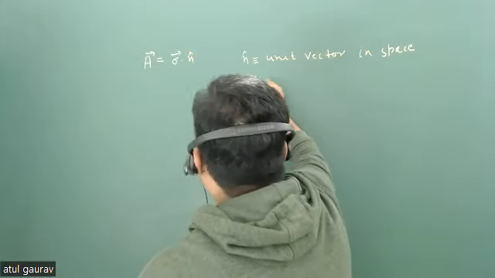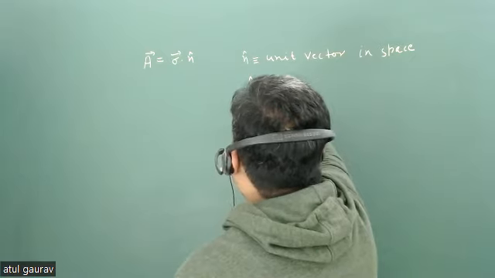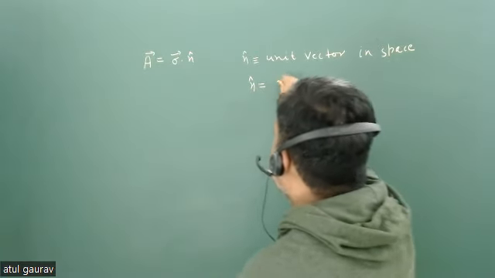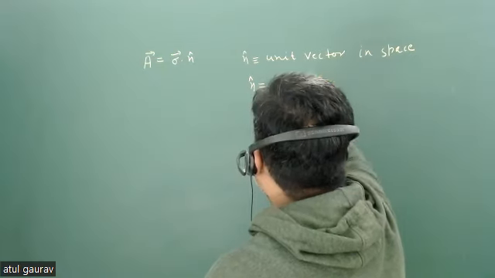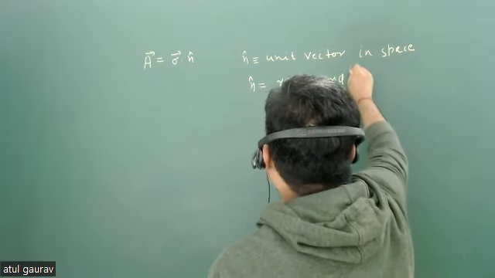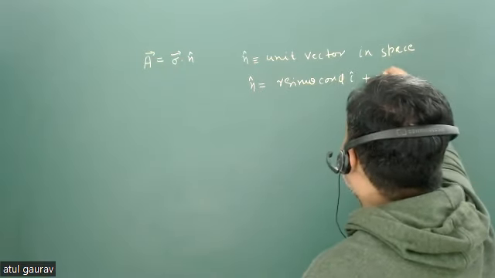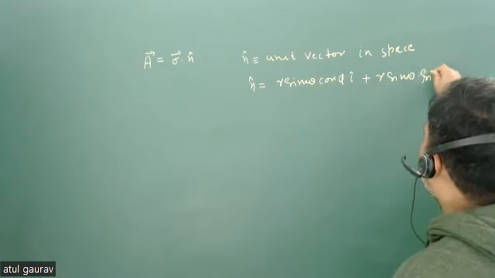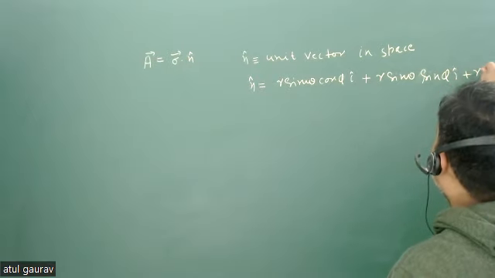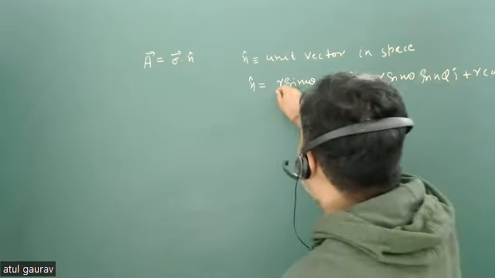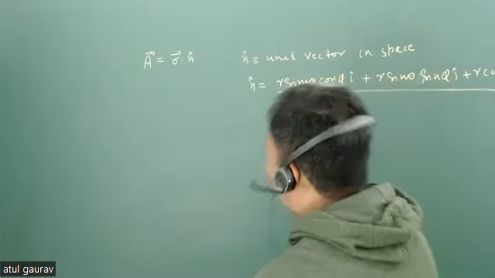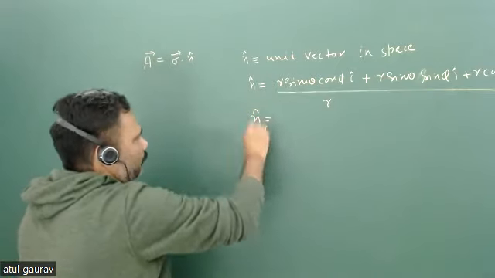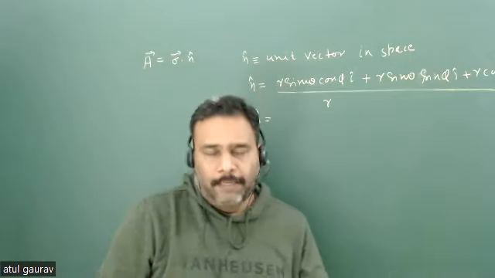It has i, j and k components: r sin theta cos phi in the i direction, plus r sin theta sin phi in the j direction, plus r cos theta in the k direction. Then we have to divide by the magnitude of this vector, so we divide by r. So the unit vector in any theta and phi direction has magnitude 1, so there is no relevance of r.